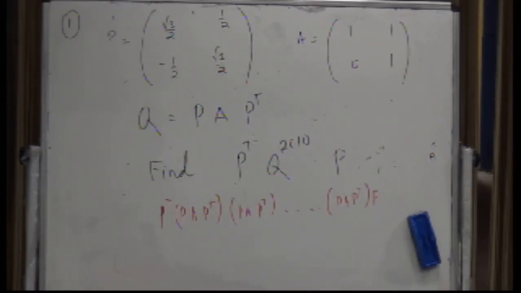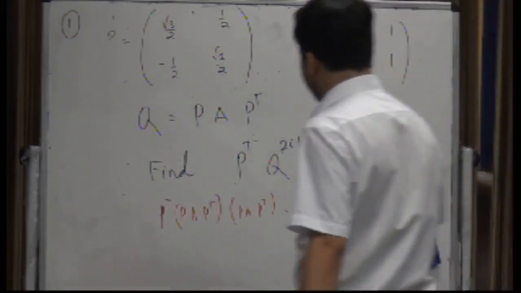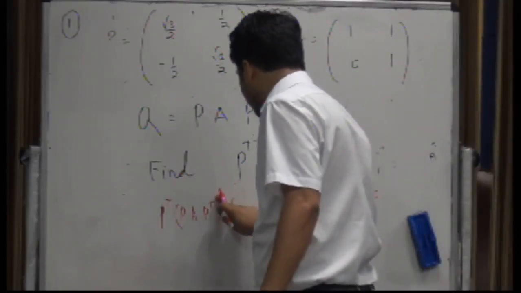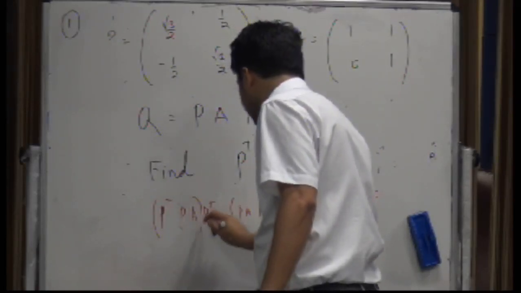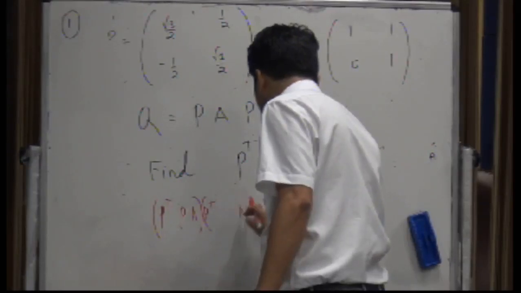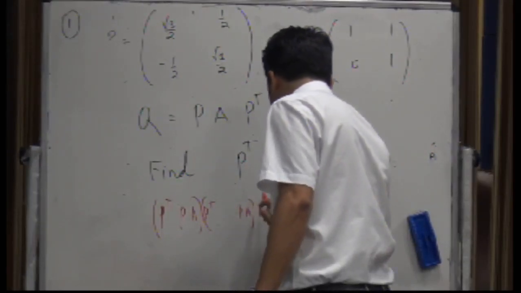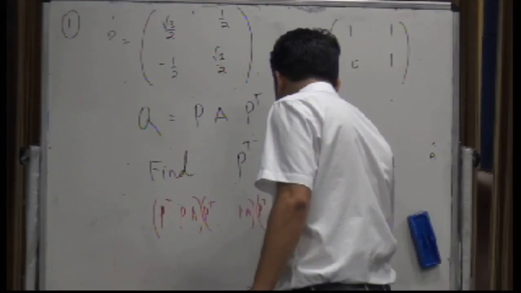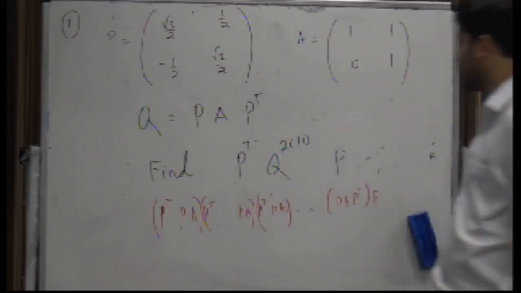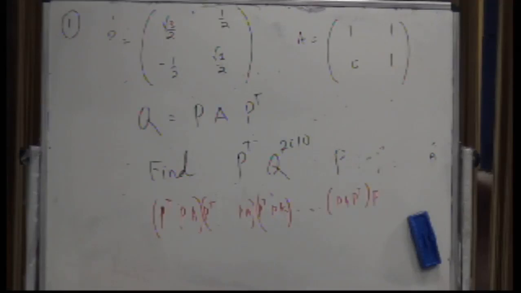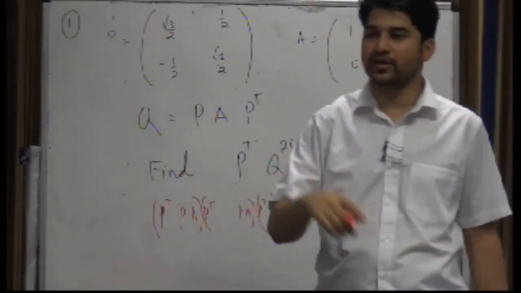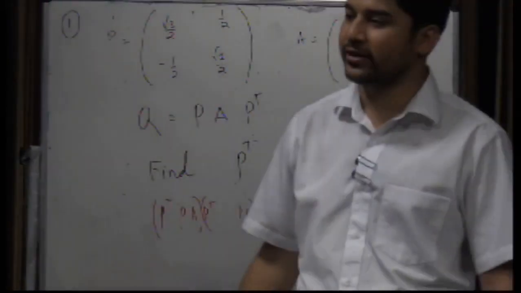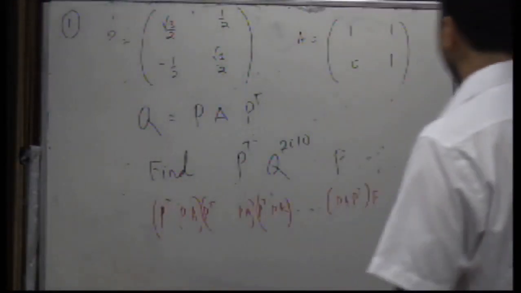So we can do a little playing with the bracket. So I can redefine every such pair, understood? And we know the P and we know P transpose. If you see P into P transpose, that will result in identity matrix. That will result in identity matrix.